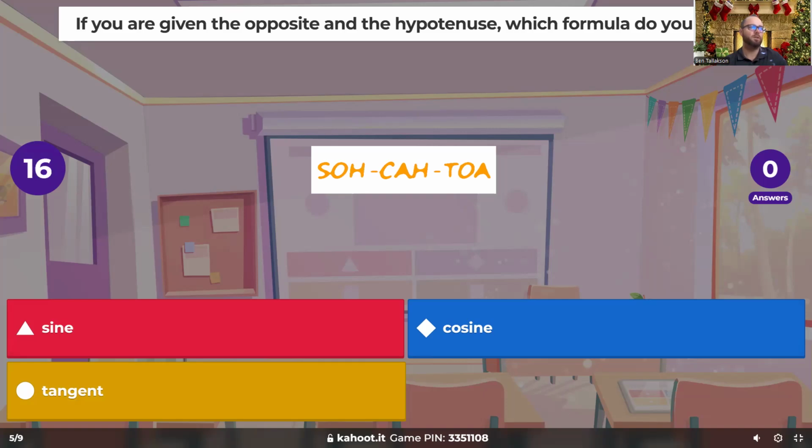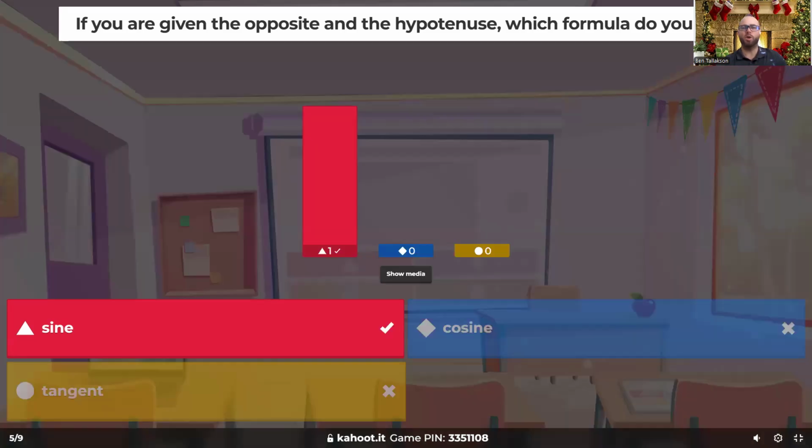This should be very straightforward. It's in the name SOH, right? S for sine, O for opposite, H for hypotenuse.